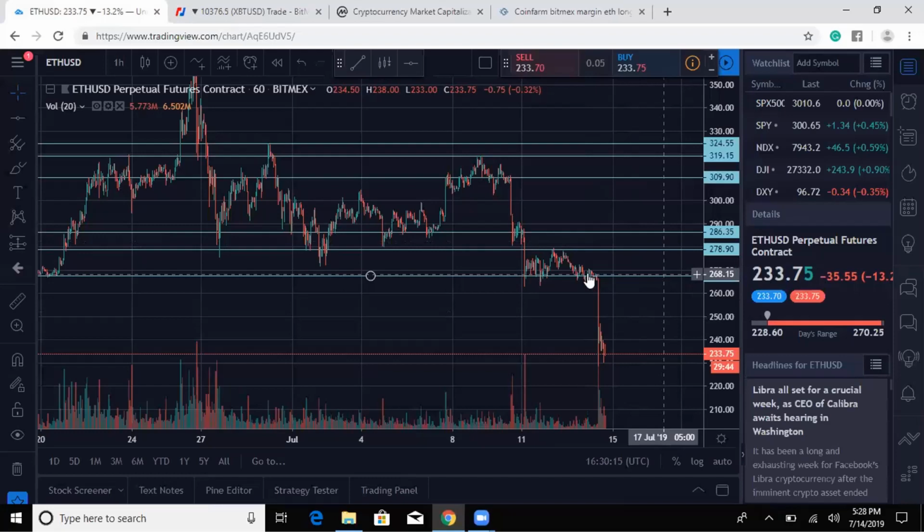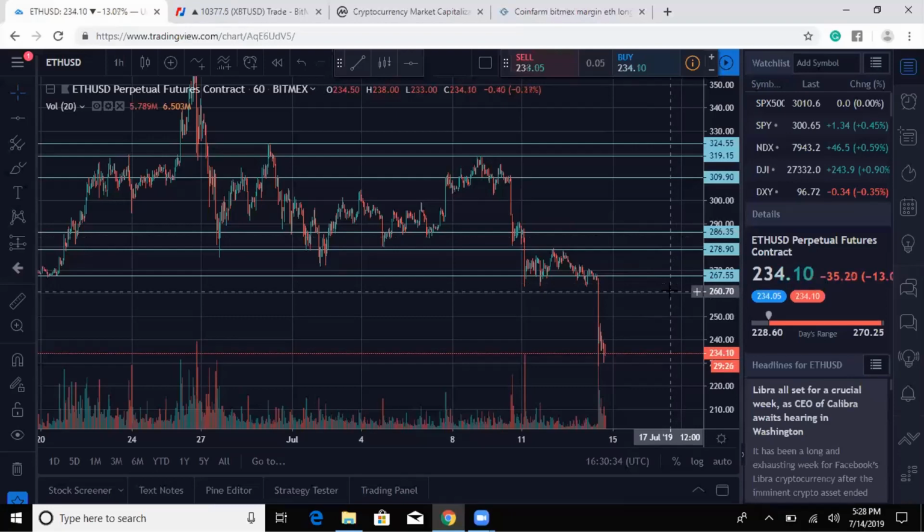This is the place where buyers activated. So what you simply do if you wanted to take a position would be to enter at this point and then put your stop loss close, so that if Bitcoin messes up your technical analysis, the stop loss is going to take you out of the trade and protect your balance.